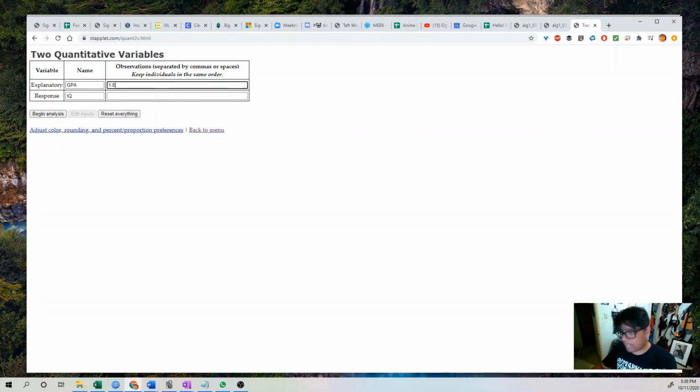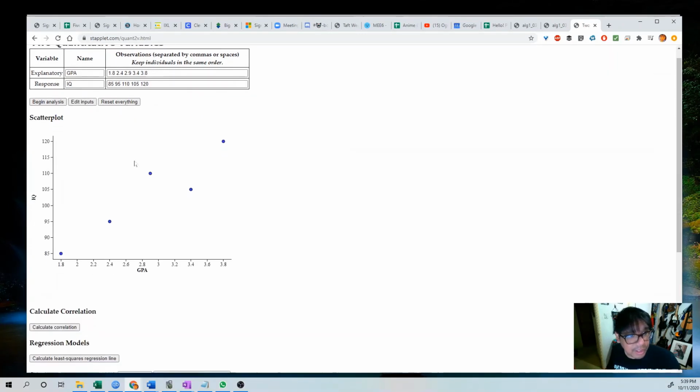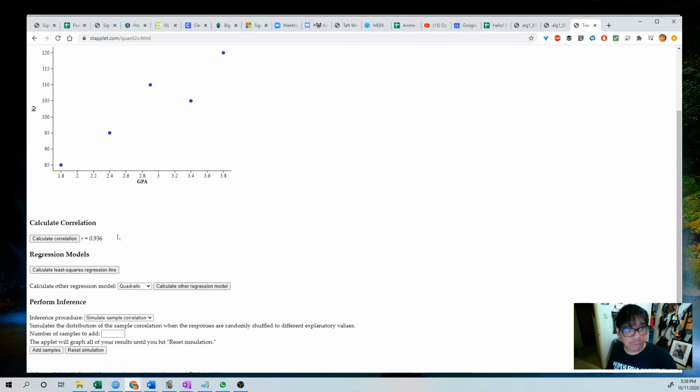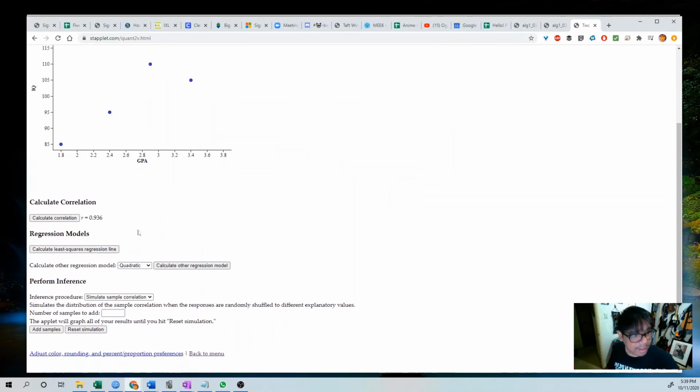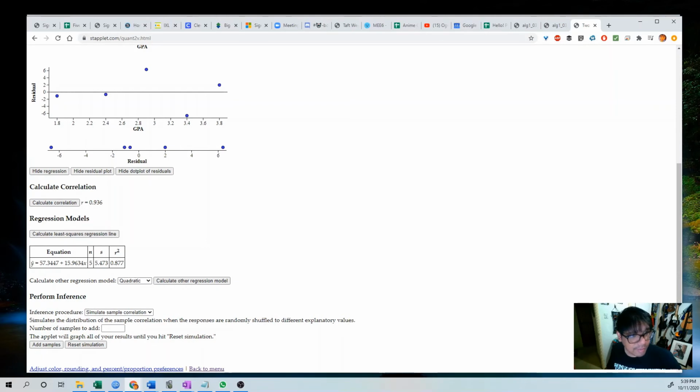They were 1.8, 2.4, 2.9, etc. And then the IQs started with 85, etc. Begin analysis, and you'll see that does look pretty linear. We calculated that correlation coefficient, 0.936. By the way, that was the same thing we got from our calculator. And then we're going to go to regression models, and there's our value of s.